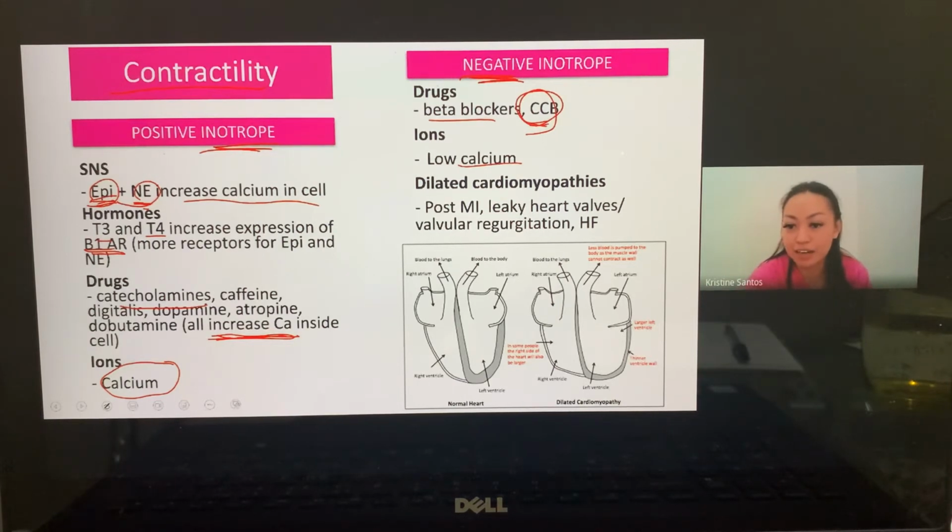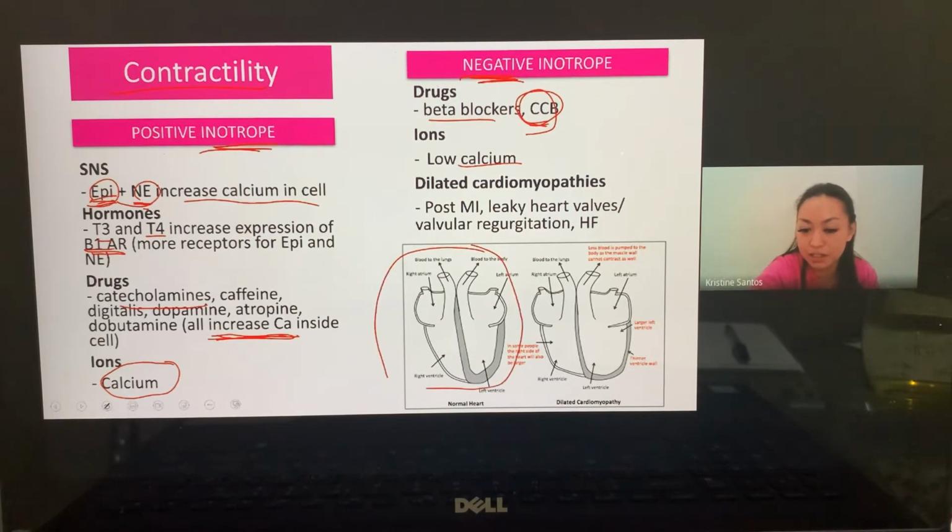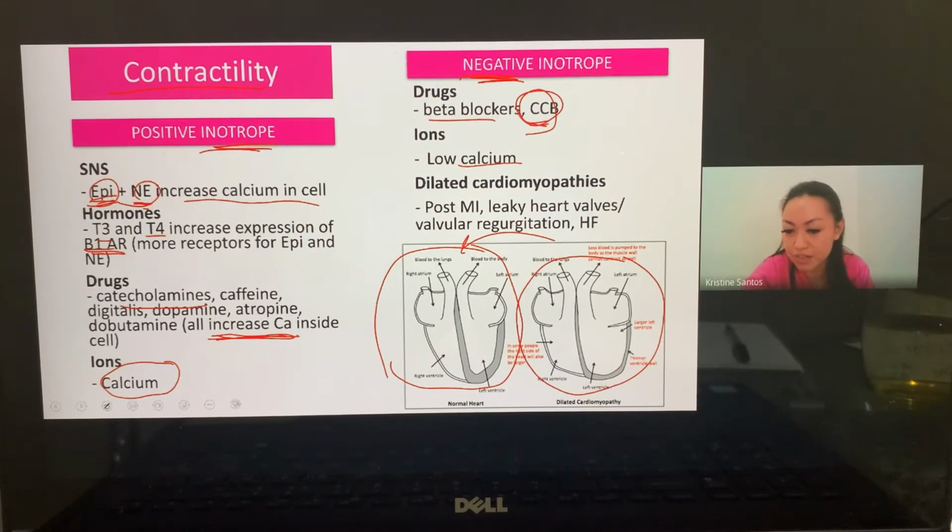If you have dilated cardiomyopathies, okay, can you see this heart here? This is a normal heart. Pay attention to the size of the chamber and the thickness of the ventricular wall. So in a dilated cardiomyopathy, we have a dilated heart. This heart is much bigger than this one, and the walls of this heart are a lot thinner.